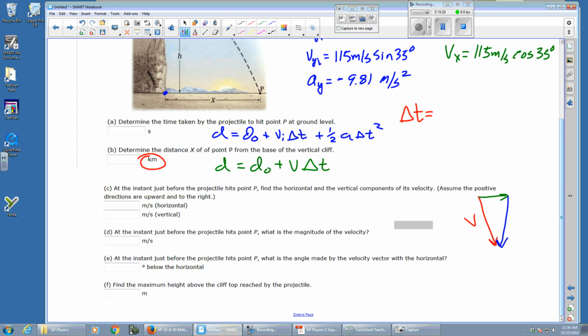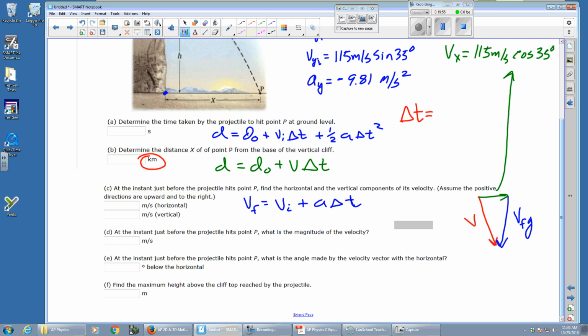So this would be v. This, of course, is that value. This is going to be v final y, which I don't know. But I know that v final equals v initial plus a delta t.